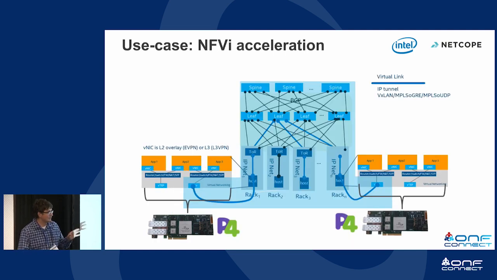The most important use case we are working on, and this is the target for us, is solving the problem of the NFVI, the NFV infrastructure. Today we can talk about accelerators for the VNF, like the EPC, charging, the BNG, or PPPoE access.